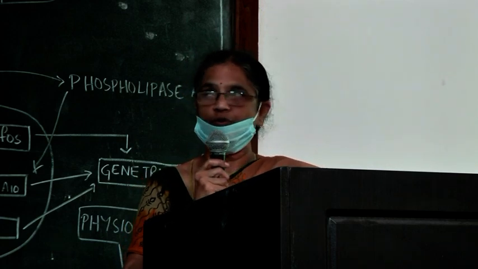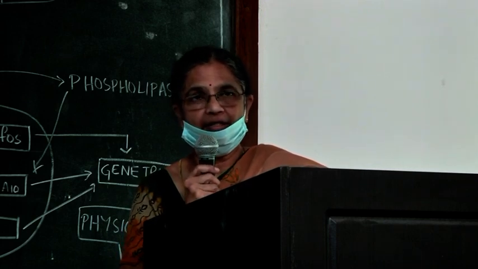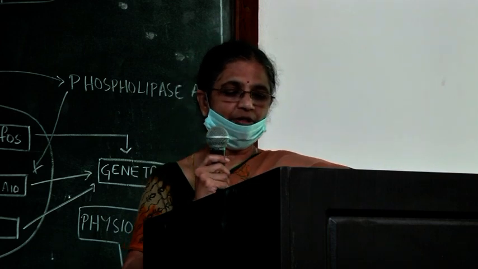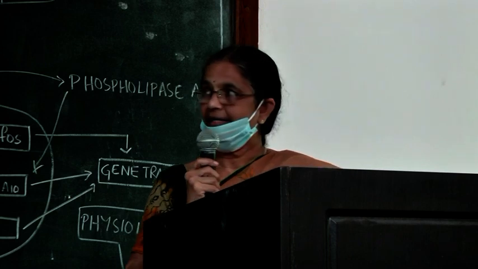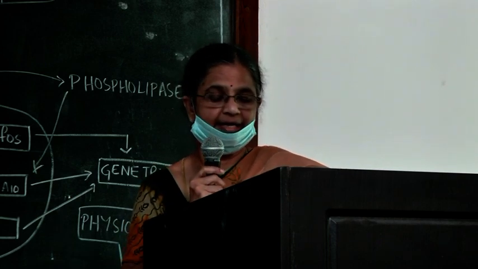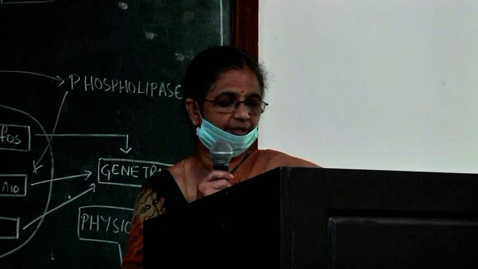And IGF-2, that is the insulin growth factor 2, helps in the growth of the fetus. So IGF-1 has nothing to do with the fetal growth, and IGF-2 has nothing to do with the growth after the birth. The IGF-1 is also known as somatomedin C, and it causes the cartilage and skeletal muscle growth.